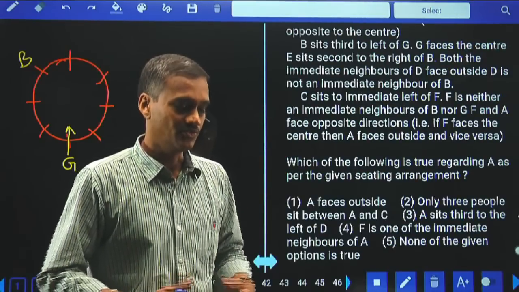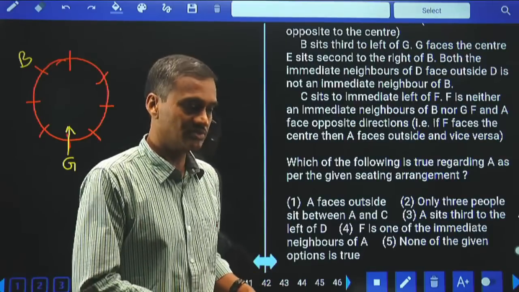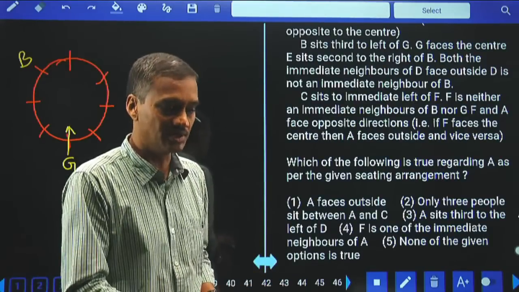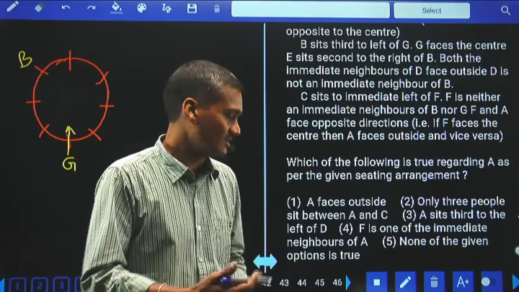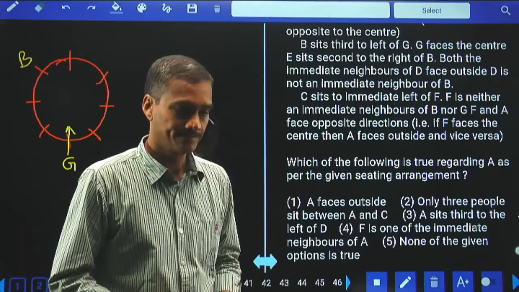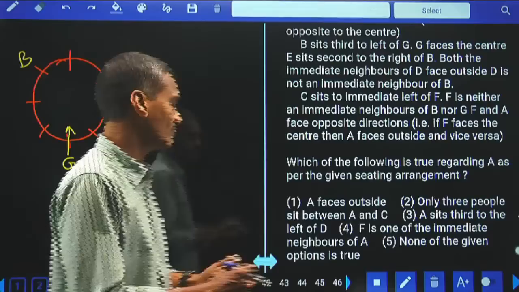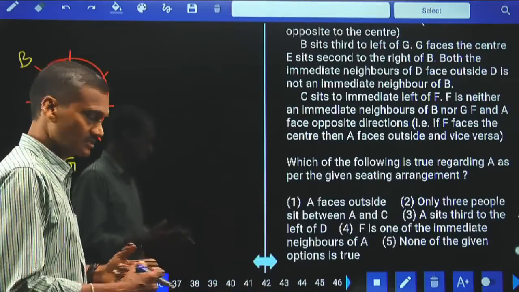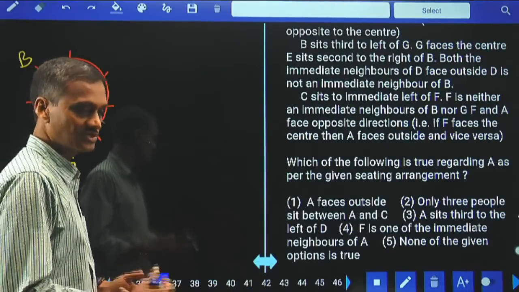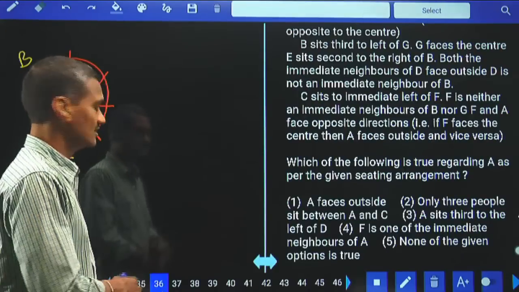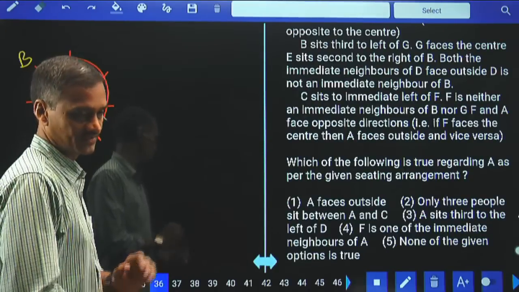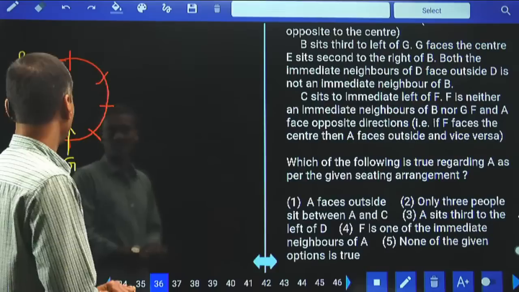Clear? If you are taking a class for 2 hours, which you are supposed to work out in 20 minutes, it won't work. And this is the reason why, in order to make you a little bit fast, we are going fast. It doesn't mean that we are intentionally going fast. Fine then, let us start with this.